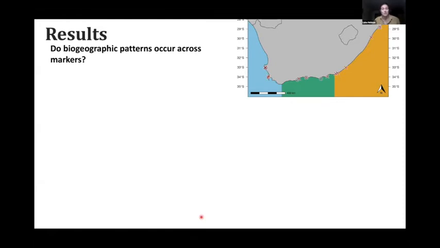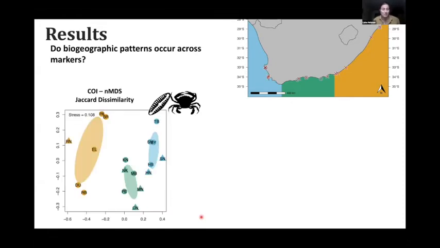So what did we see when we went across this coastline and collected these samples? Here's a non-metric multidimensional scaling based on Jaccard dissimilarity. The way to interpret this is that if your points are close together in these 2 dimensions, it means the communities of those 2 sites are more similar. If they're very far away, they're very dissimilar to each other. Don't worry about the names here, that's just to help me.